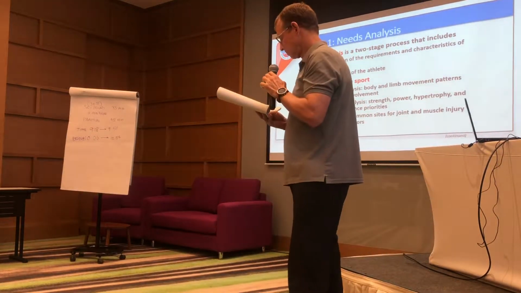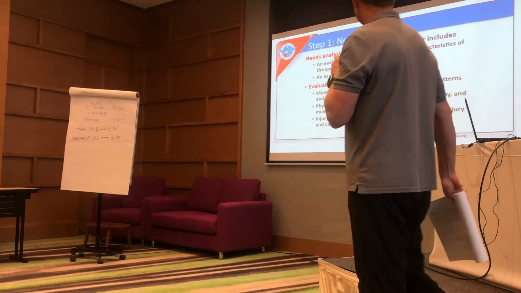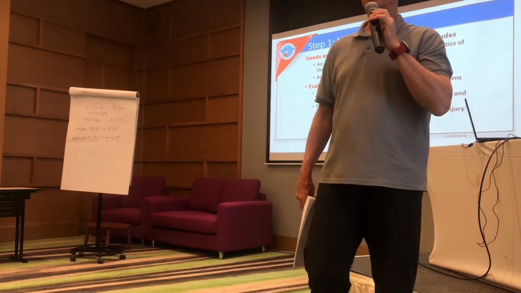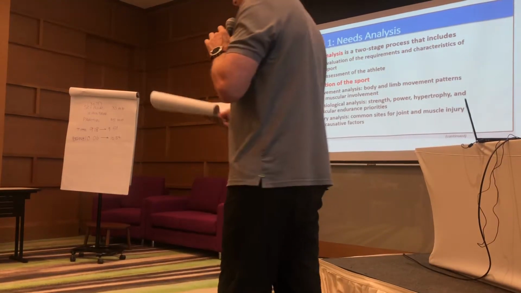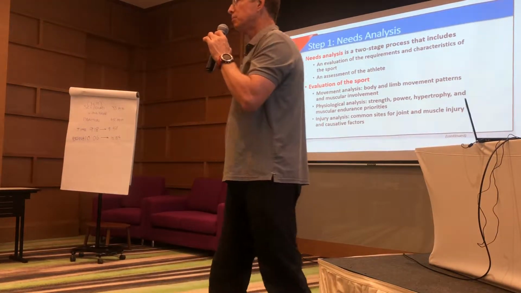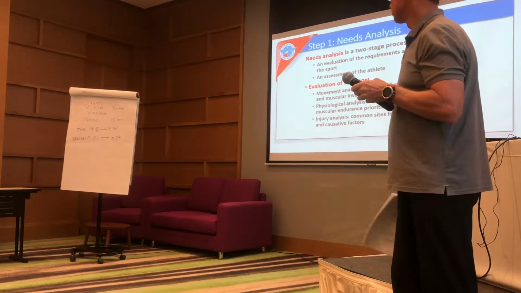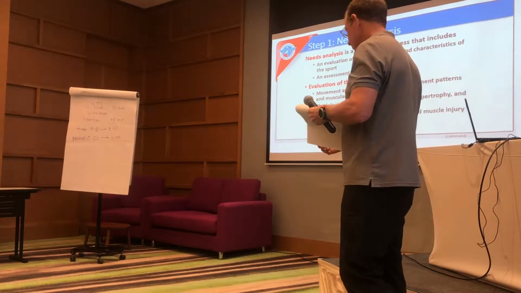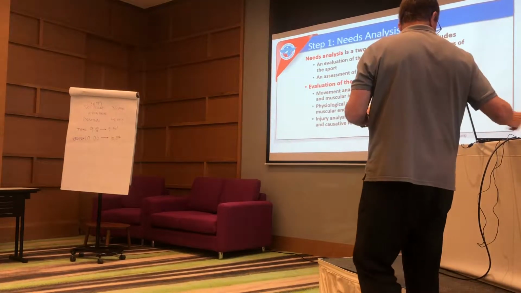The injury analysis is simply trying to keep the energy flowing through the kinetic chain, and usually there's going to be a weak link in that chain. Typically, it's a single joint motion.